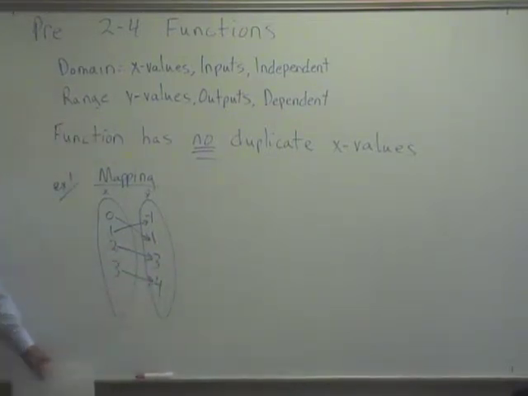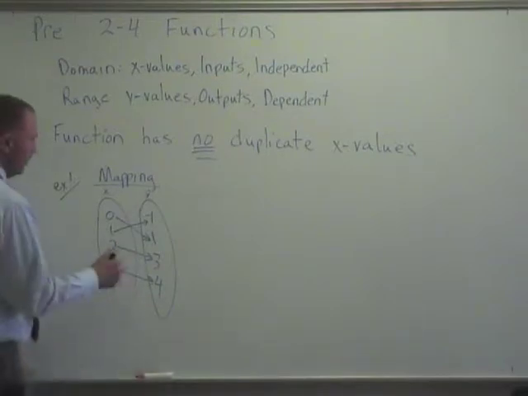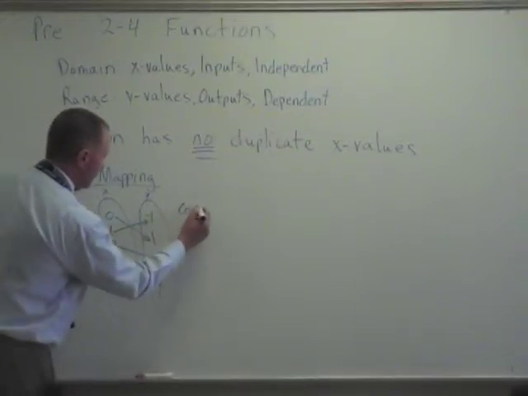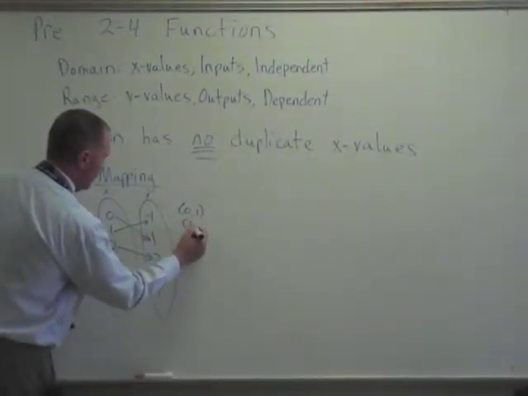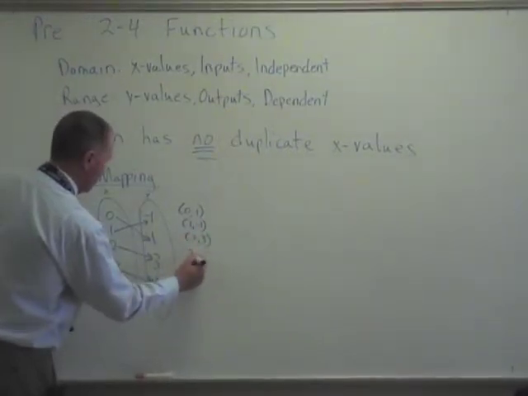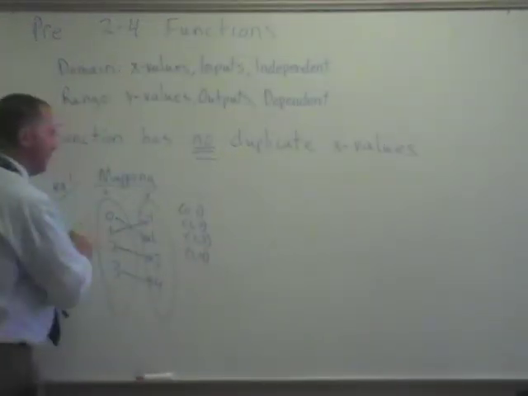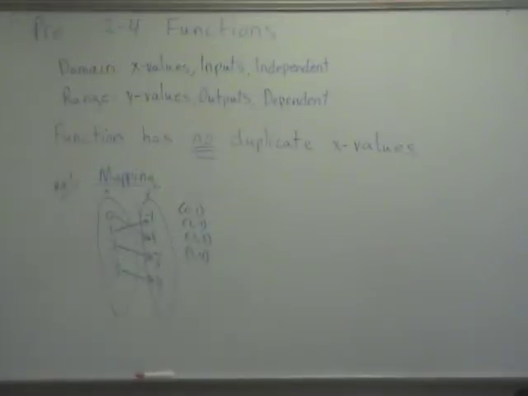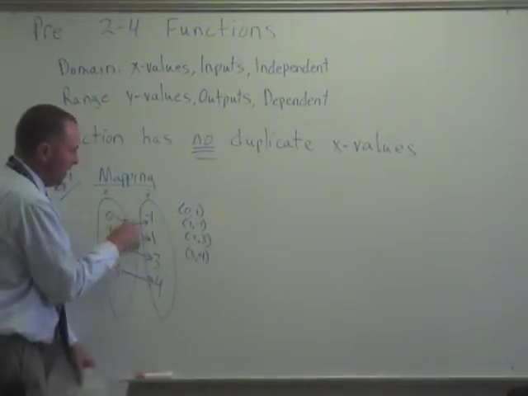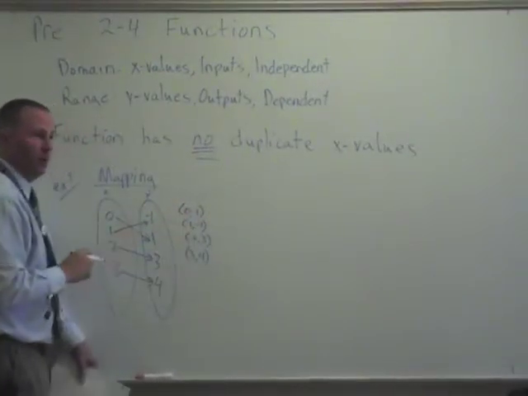Now these are coordinates. So let me just show you where this came from. So if you had some coordinates, 0, 1, 1, -1, 2, 3, and 3, 4. That's where this information came from. Okay? And all you're doing is you're looking at this and you're drawing arrows with what the x value goes with the y value.